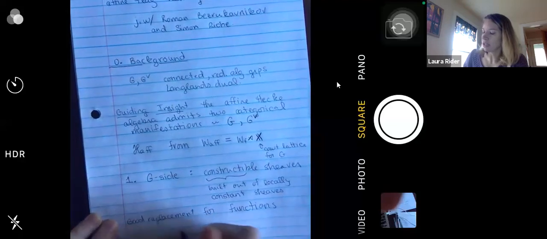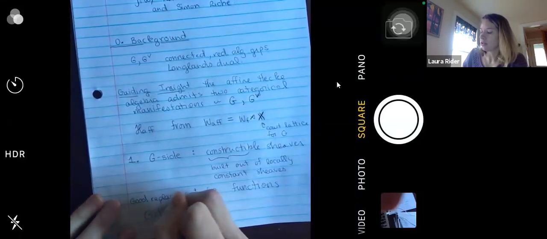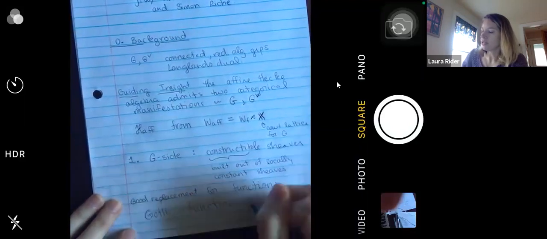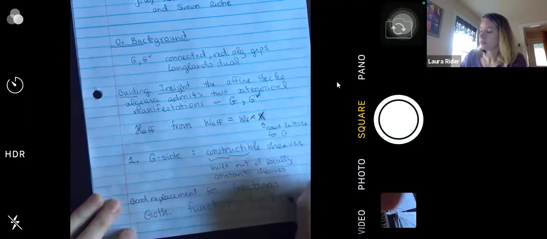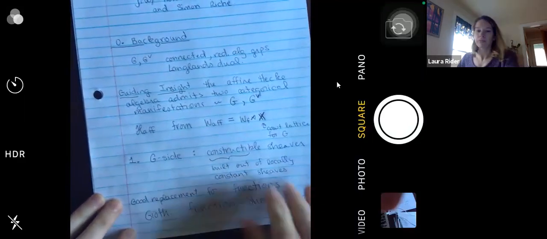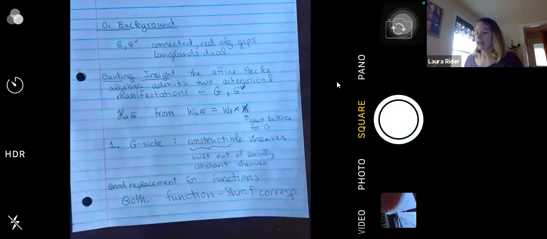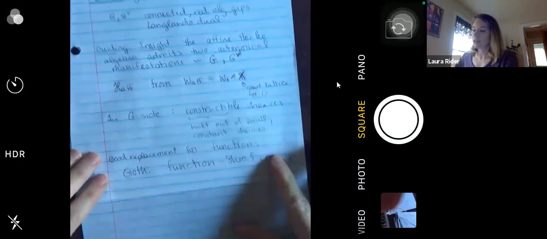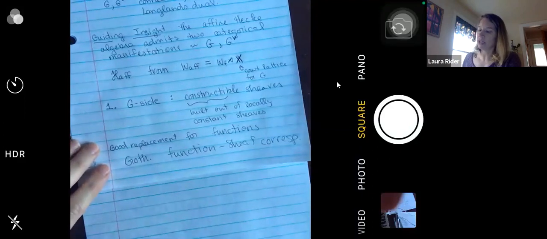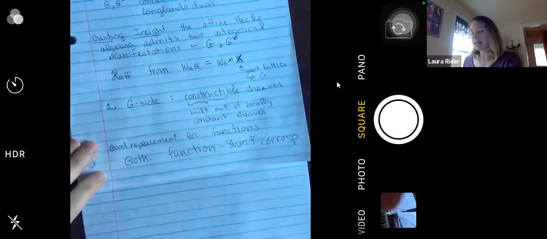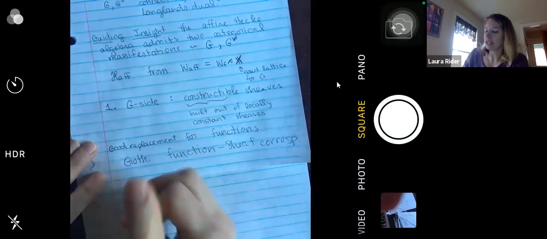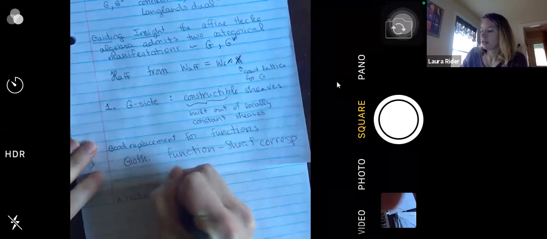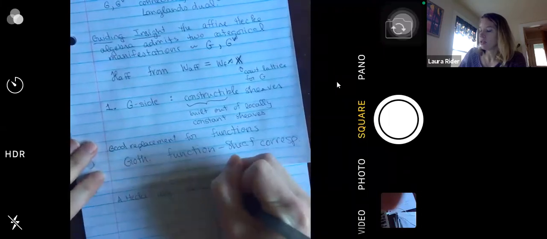So this is known as Grothendieck's function-sheaf correspondence. So maybe one of the first ways of viewing Hecke algebras in general was a Hecke algebra associated to a pair.